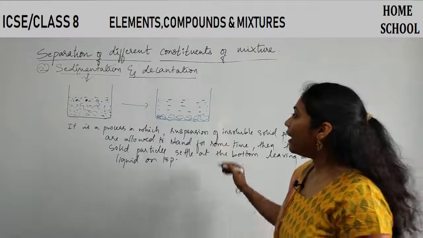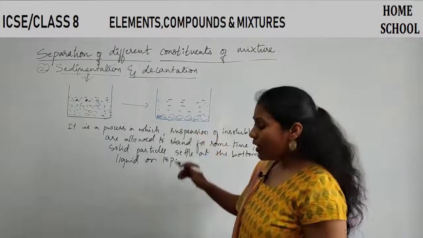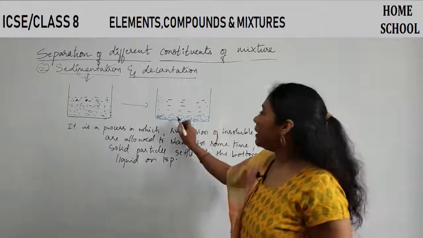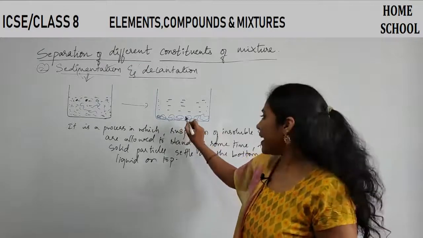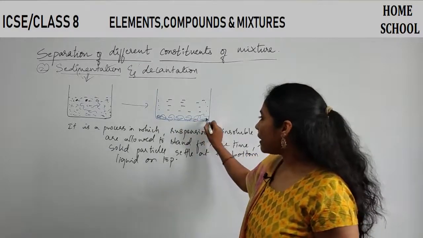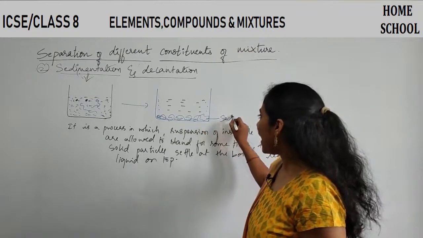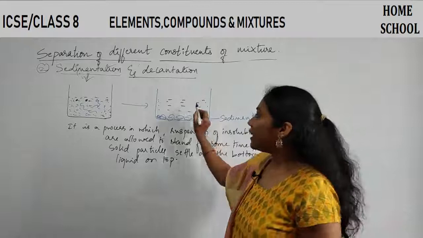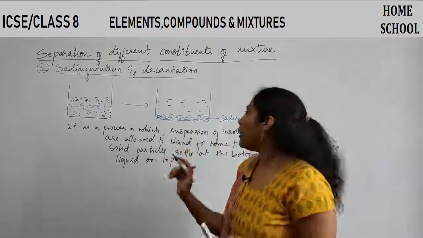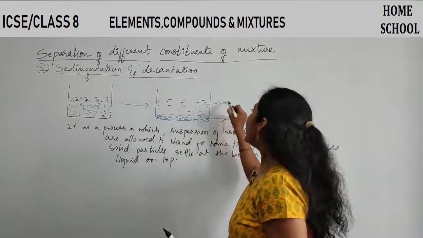Okay. And now after sedimentation, whatever insoluble solid particles, that clay, mud, sand, whatever is there, that will come down and settle. This is actually called sediment. And the clear liquid that you get on top is called supernatant liquid.